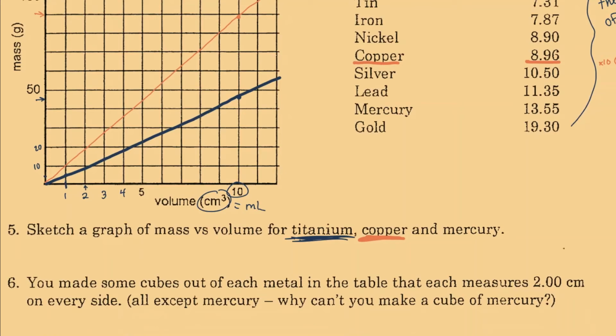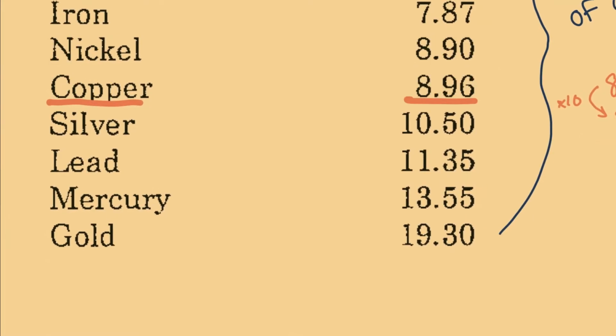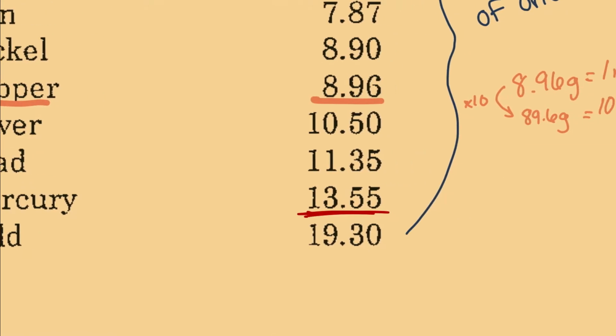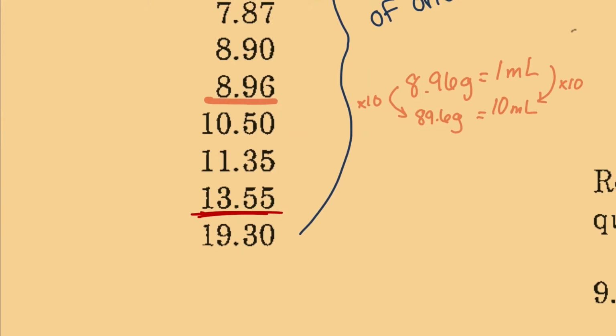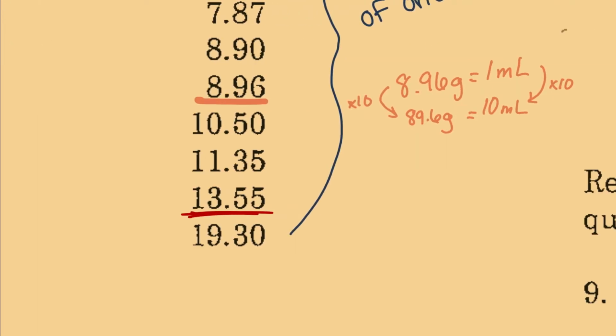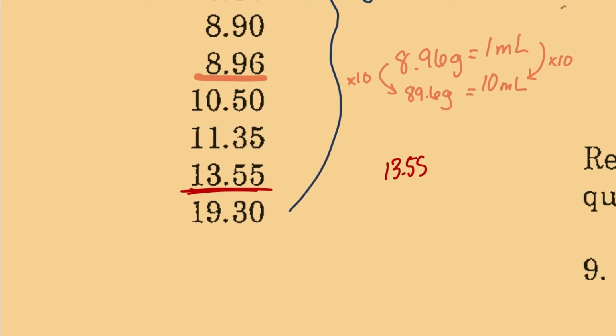Okay, let's do the last one, mercury. Mercury looks like our densest yet, with a mass per cubic centimeter of 13.55. I'm going to do the same trick that I did with copper. If I know that 13.55 grams is the mass of 1 cubic centimeter, then I need to figure out what 10 cubic centimeters is.